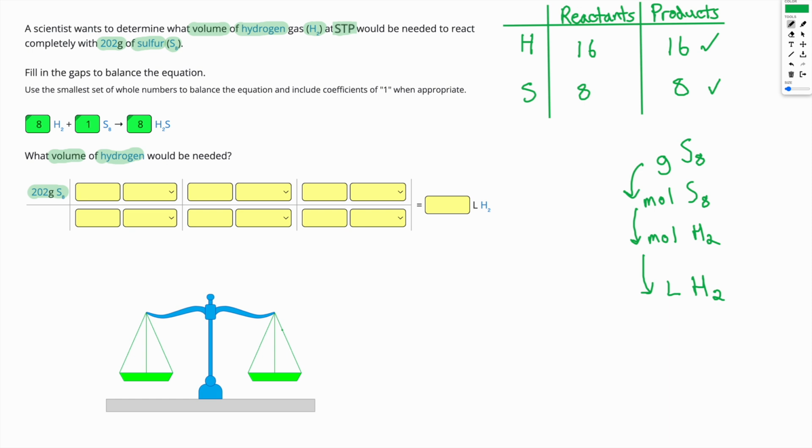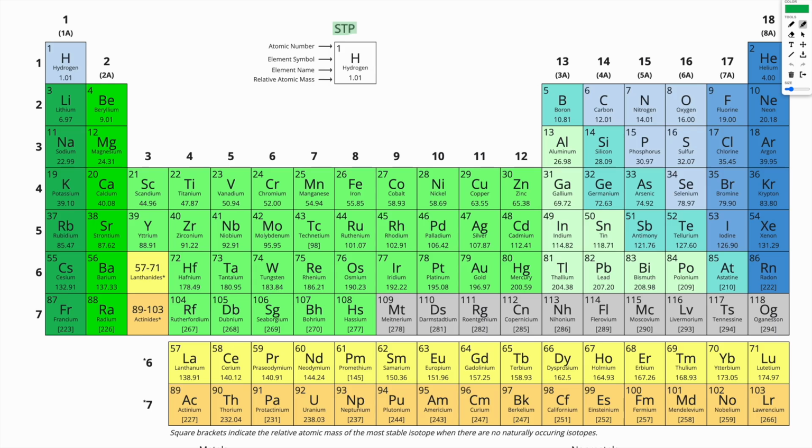We're going to start with converting from grams of S8 to moles of S8. So we're going to need to know our molar mass. So let's head to the periodic table and find the molar mass of S8. Let's first find sulfur. Here it is in our periodic table. So sulfur has a molar mass of 32.07 grams per mole.